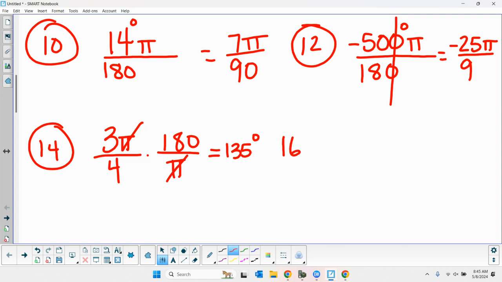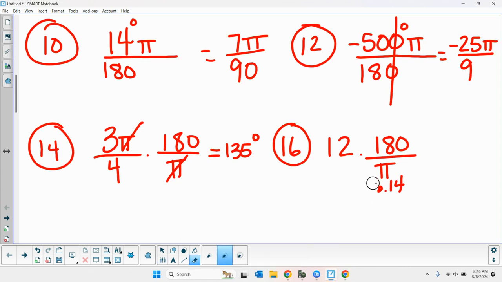Number 16, it doesn't have the pi in it. Isn't it just 12? Yeah. So if there's no degree measure next to it, you don't see the degree symbol, that's in radians. So you're still going to do times 180 over pi. And we'll just use 3.14. We do have a pi button on our calculator if you want to get really exact, I'll show you where that is too.